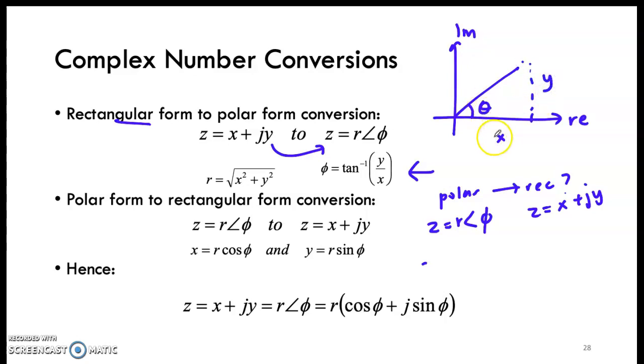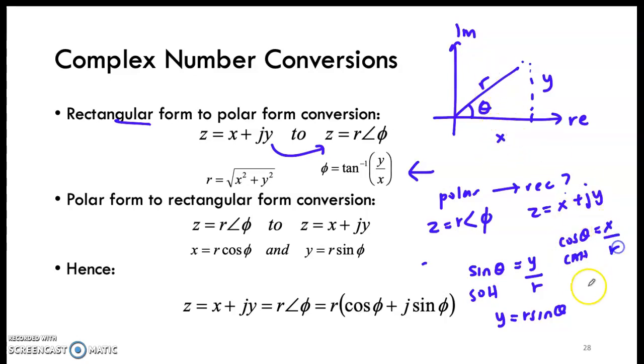For sine theta, sine is SOH, opposite over hypotenuse, so y over r, and y equals r sin theta. For cos theta, cos is CAH, adjacent over hypotenuse, x over r, so x equals r cos theta.